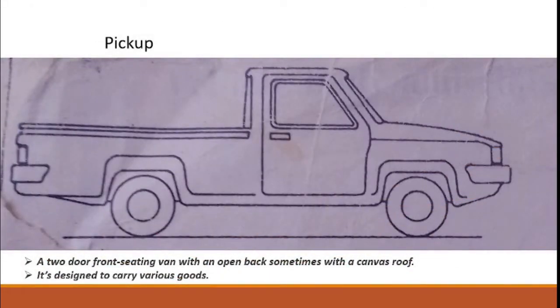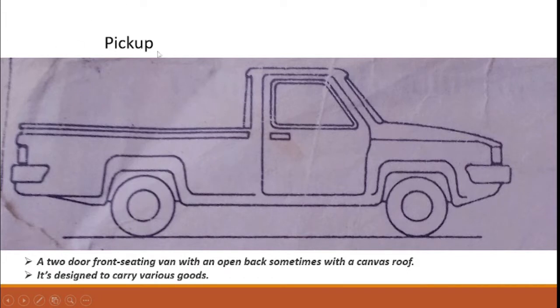So a pickup is a two-door front seating van with an open back, sometimes with a canvas roof. This back here will sometimes have a canvas roof or a cage.